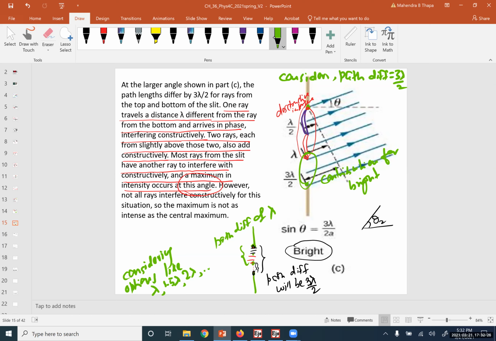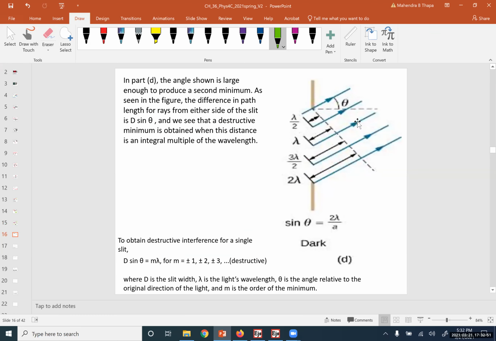So this will give you the path difference. When the path difference between the top point and bottom point is 3 lambda over 2, then in this case it will interfere constructively, only for one part, and it will give the bright interference. Similarly, we can consider the other situation here.